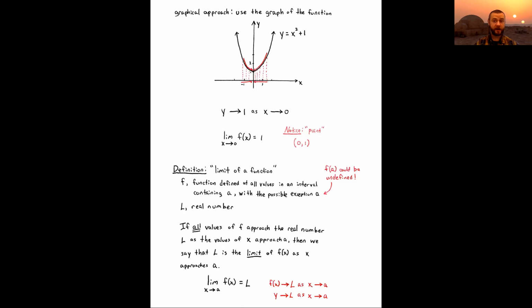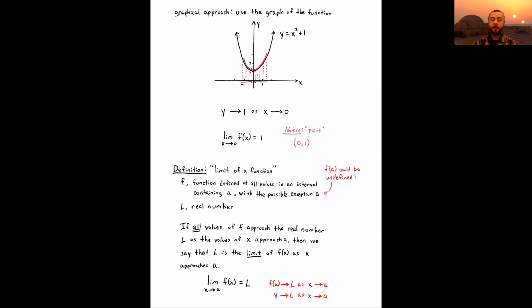Now, I underlined it here because it's important. We have to have all the function values getting gradually closer to some number L. If all function values do that as x approaches a, we say L is the limit of that function as x approaches a.